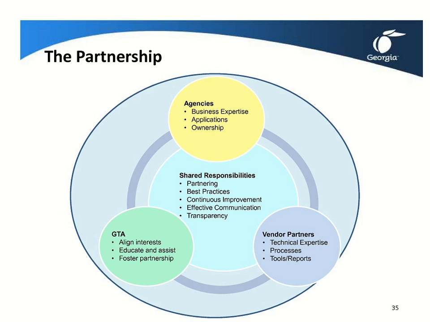Agencies have all the business and application expertise and the ownership of your mission and how to deliver that. Our vendor partners bring all their technical expertise, business best practices, and tools and reports. GTA is part of the partnership to help align interests, educate and assist, and foster the partnership.